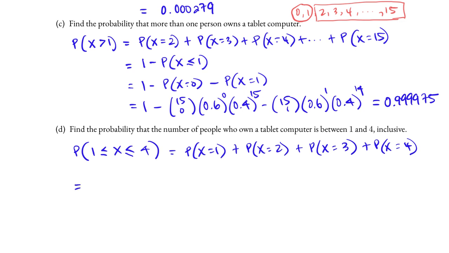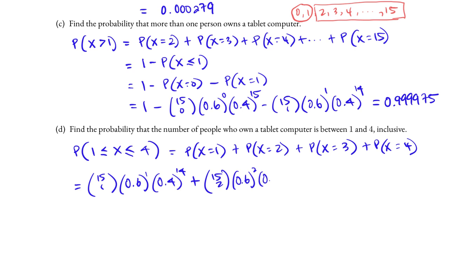For p of x equals 1, we have 15 choose 1, 0.6 raised to 1 power, 0.4 raised to 14 power. For p of x equals 2, we have 15 choose 2, 0.6 raised to 2 power, and then 0.4 raised to 13.